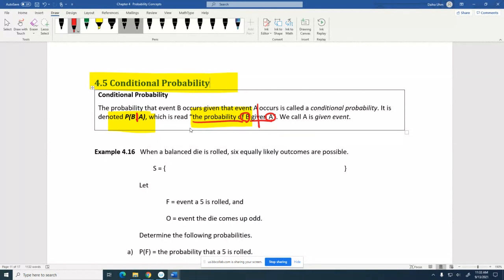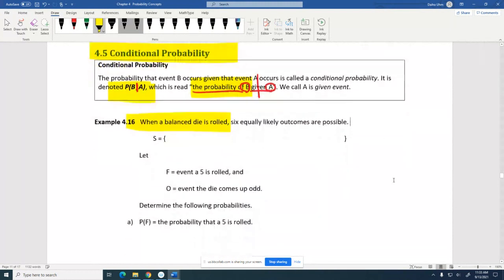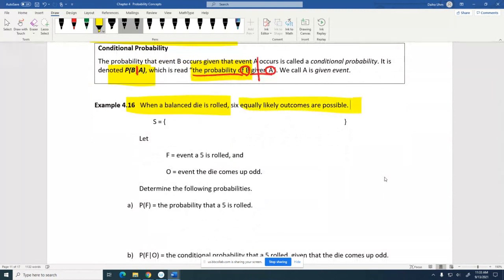So please look at this example. We are rolling one die again. Then how many possible outcomes? We can consider 6 possible outcomes: 1, 2, 3, 4, 5, or 6.